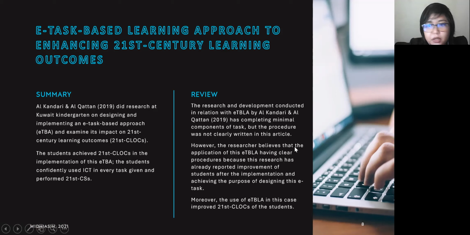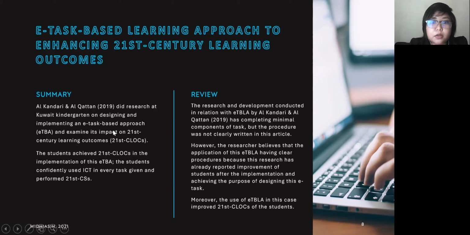However, the researcher believes that the application of this ETBLA has clear procedures, because this research has already reported improvement of the students after the implementation and achieving the purpose of designing this e-task.